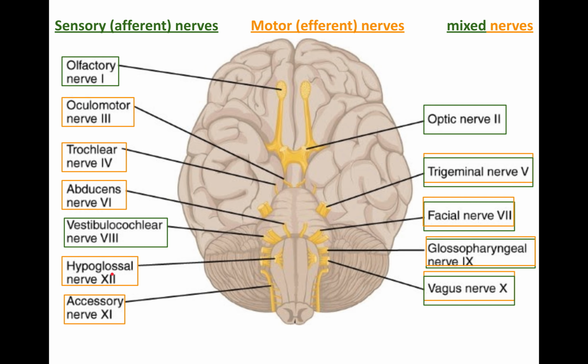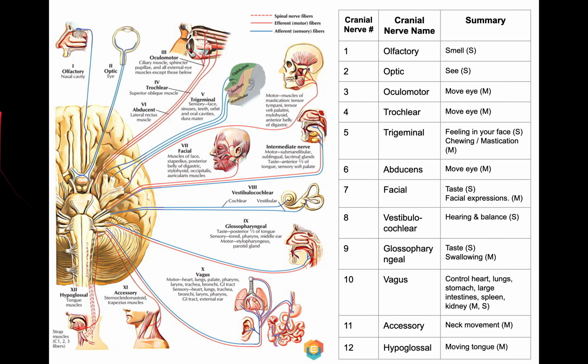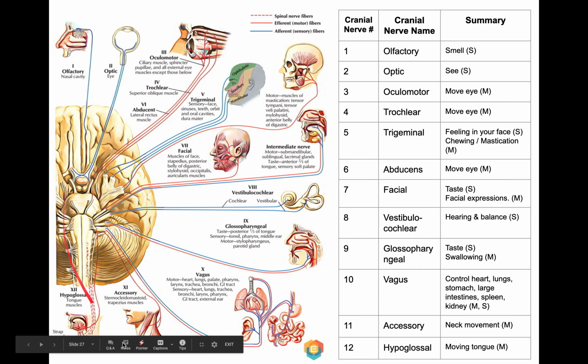If you notice, a lot of these nerves are associated with multiple parts of your body. This image here covers all the different things these nerves are associated with. I had a really broad, very simple summary of these different nerves, but I didn't cover everything in here. For example, with the facial nerve, I said facial expressions and taste, but I don't necessarily have tear production and salivary production here, but that is still associated with it.